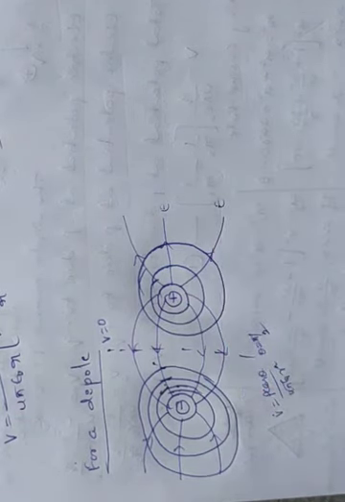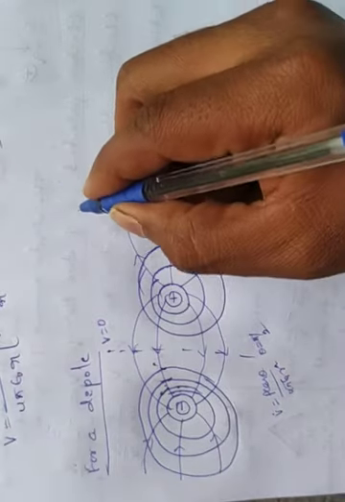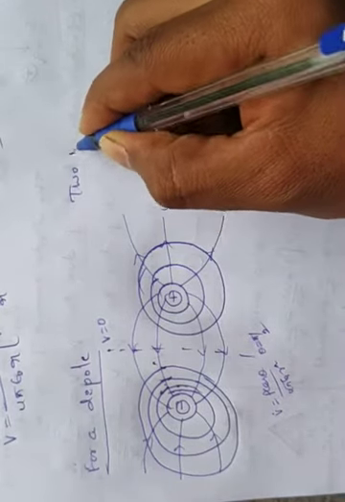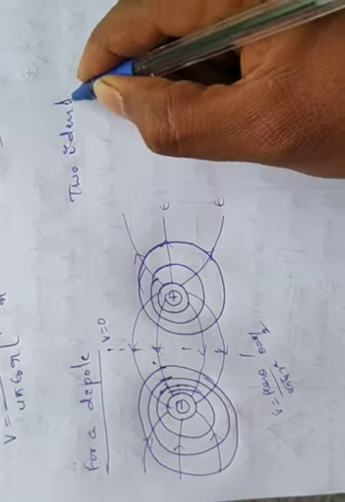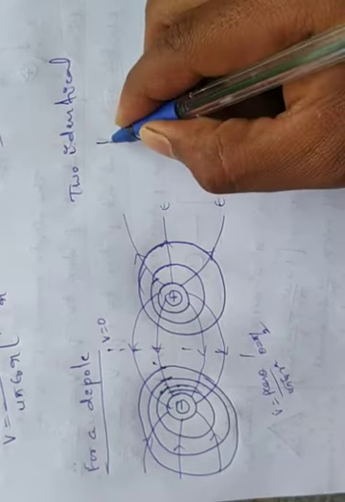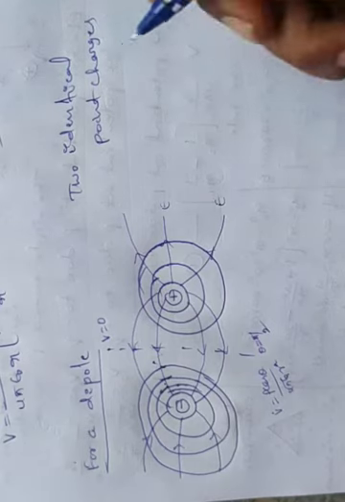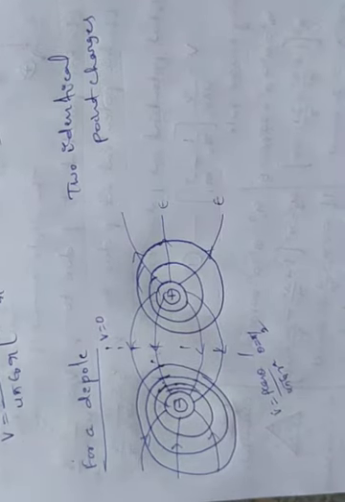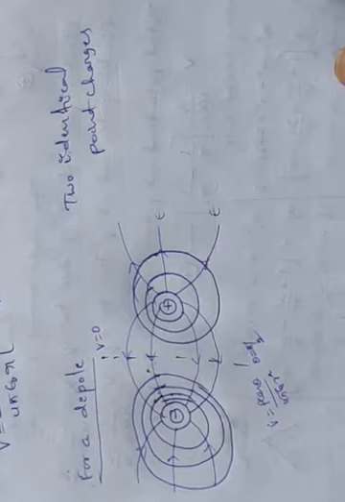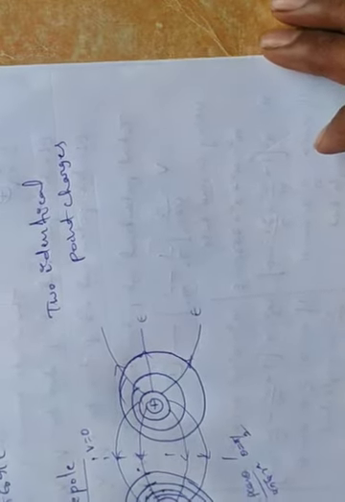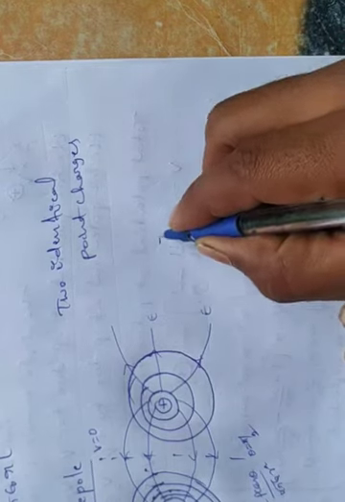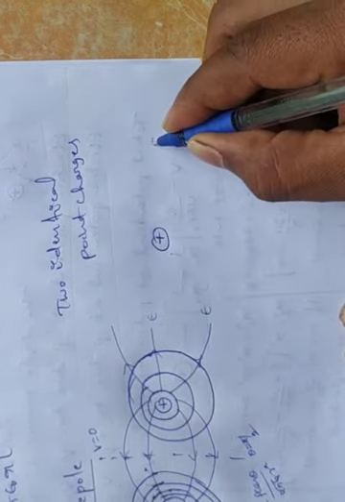Okay, in the same way, if you take two identical point charges, how can we draw these equipotential surfaces? See, if you take two positive charges, here is a positive charge and here is a positive charge.